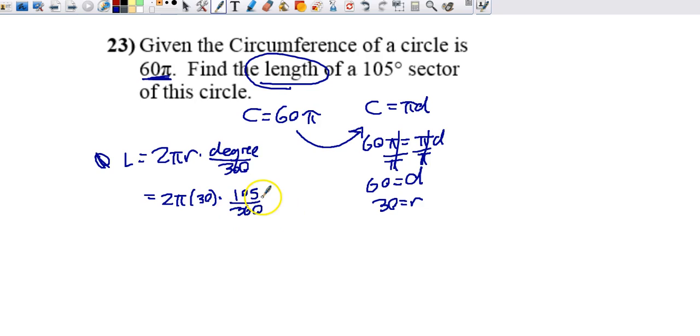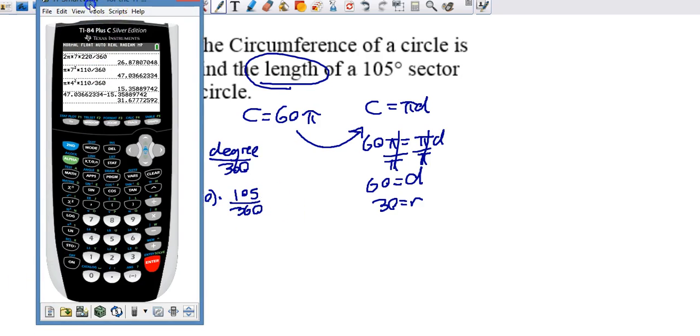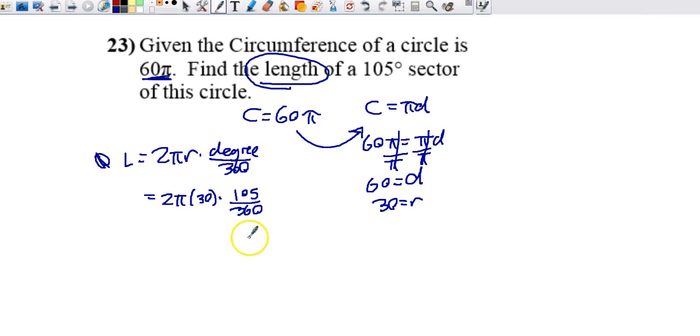And let's evaluate that and see what we get. So that's going to be about 54.98.